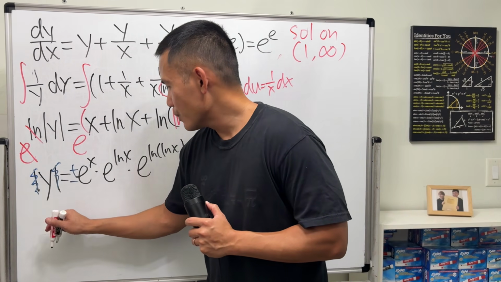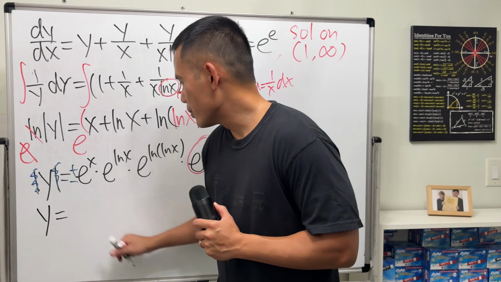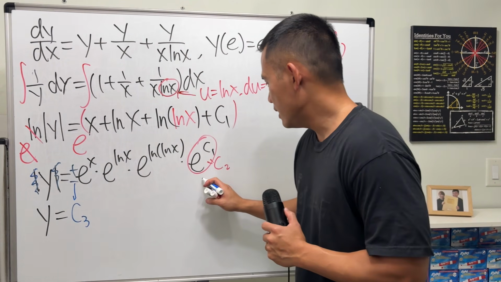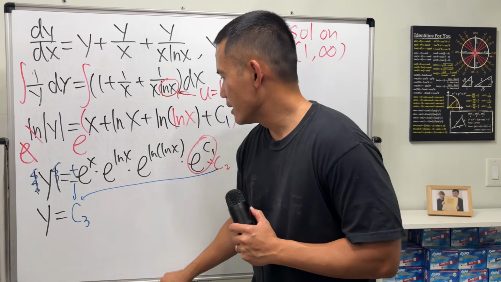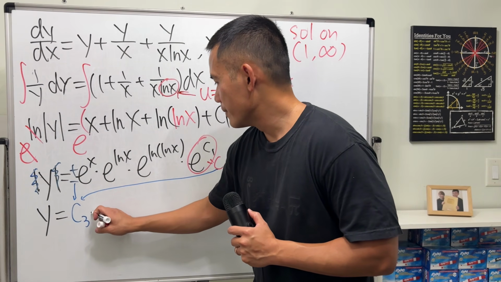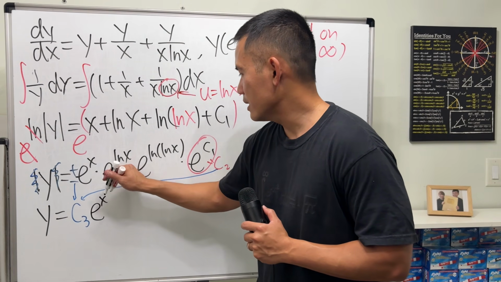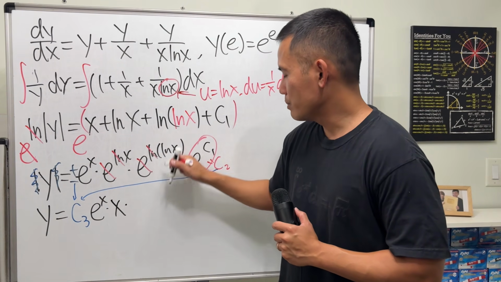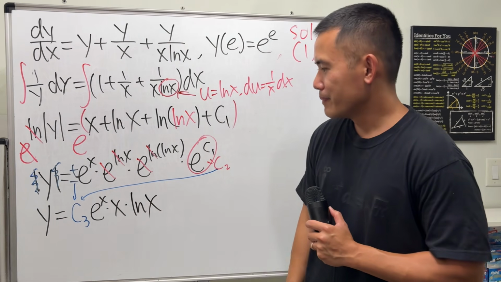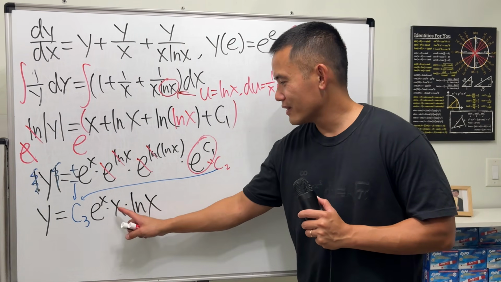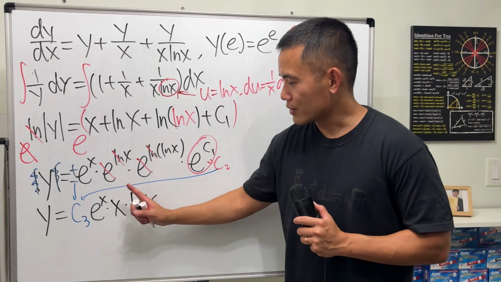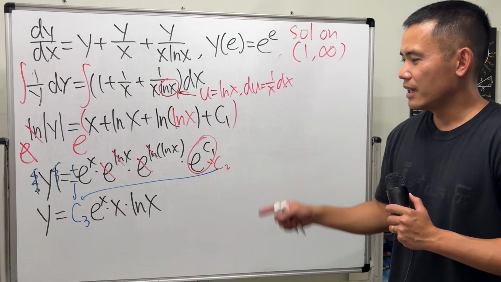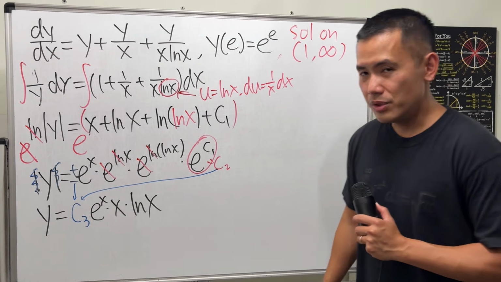So we can say y is equal to c3, because of this and this. And then this right here is just e to the x, and this right here, they cancel. We have x, and then they cancel, but this is ln x. That looks pretty nice, huh? We have x to a first power function, and then e to the x function, and also natural log function. Very nice.